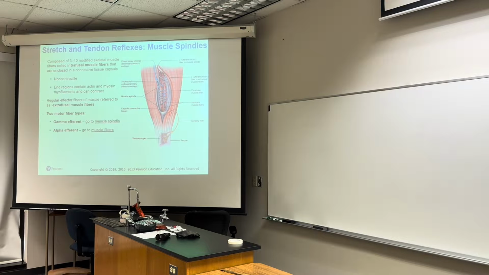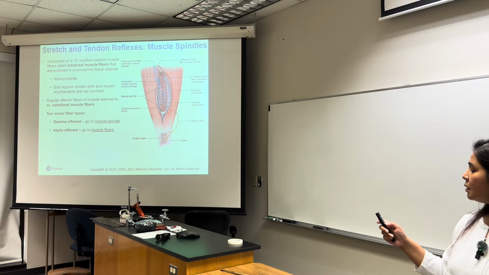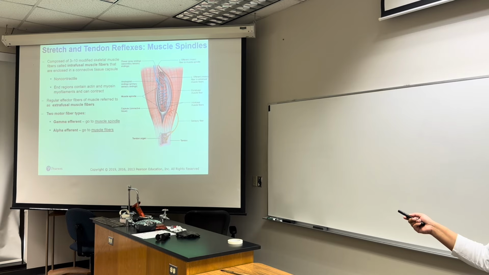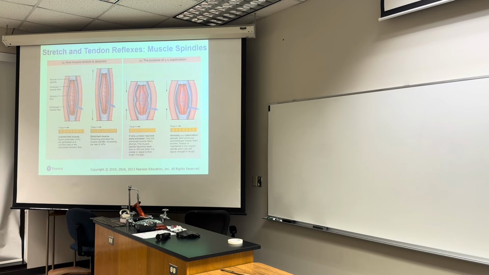So what are the nerves that are associated with it? You can have the gamma efferent nerve, or you can also have the alpha efferent. Your gamma efferent goes to the muscle spindle, and alpha efferent goes to the muscle fiber. So you have your muscle fiber, and then the whole thing is the what? Muscle spindle.